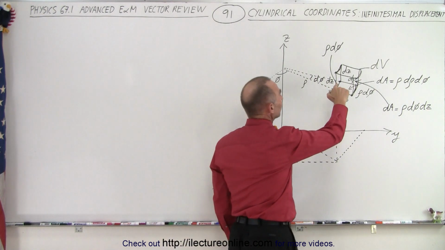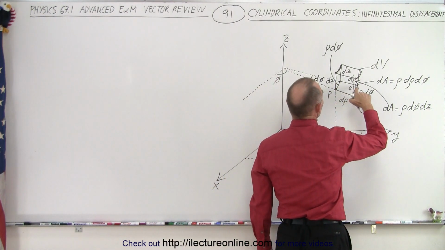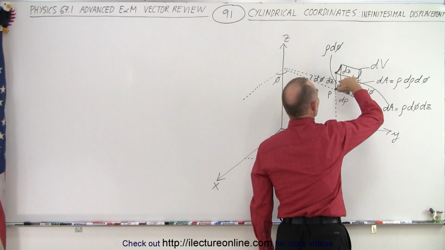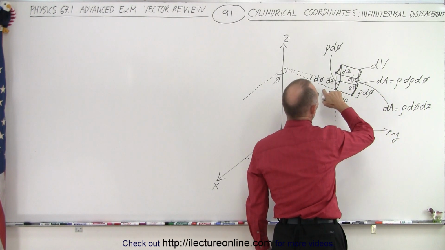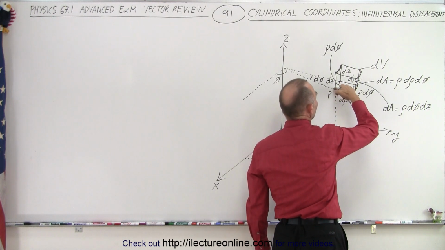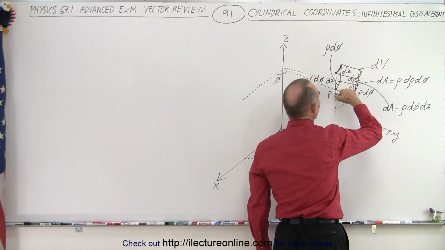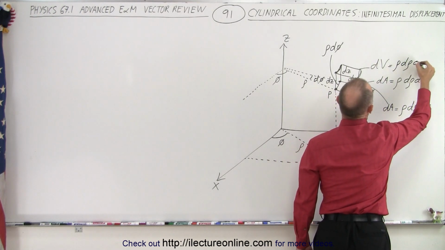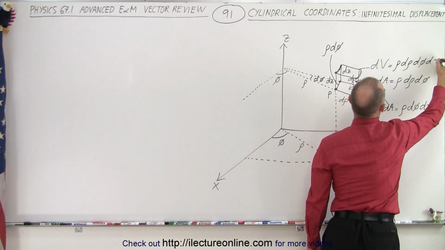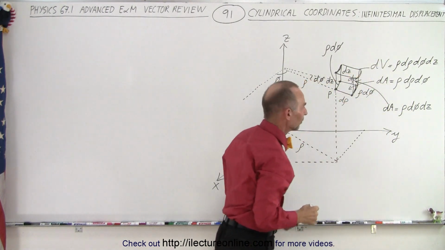And then we can define the volume simply as the area times the height, or this area times the width. It doesn't matter. So in this case, let's go rho d phi for this, then d rho, and dz. So this becomes rho d rho d phi dz as the volume element.